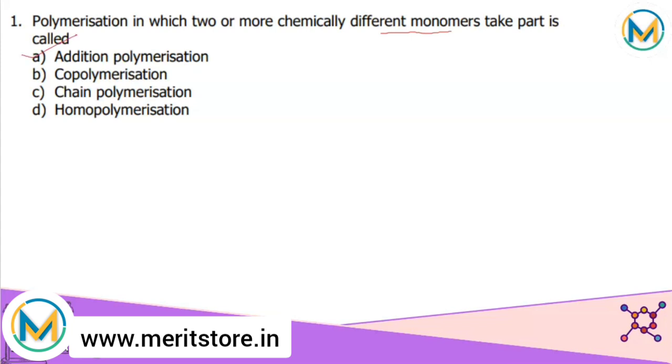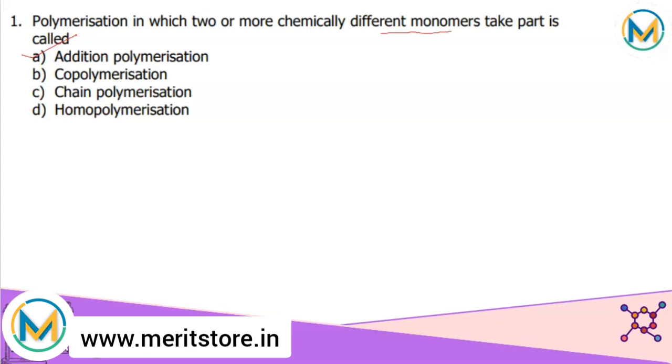Co-polymerization is a polymerization reaction in which a mixture of more than one monomeric species is allowed to polymerize to form a copolymer. That means only one type of monomer is required. Chain polymerization, or chain growth polymerization, is a polymerization technique where unsaturated monomer molecules add on to the active site on a growing polymer one at a time.